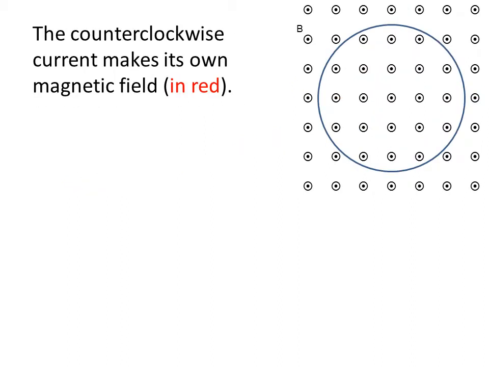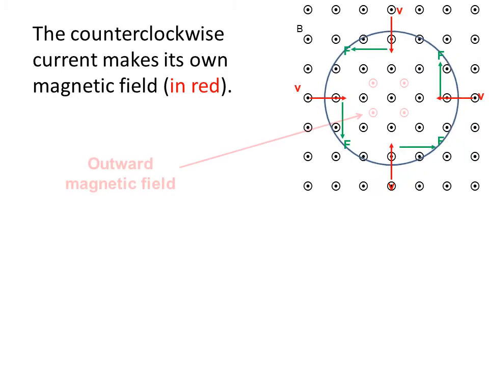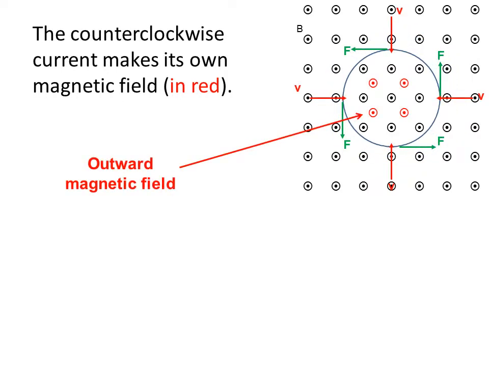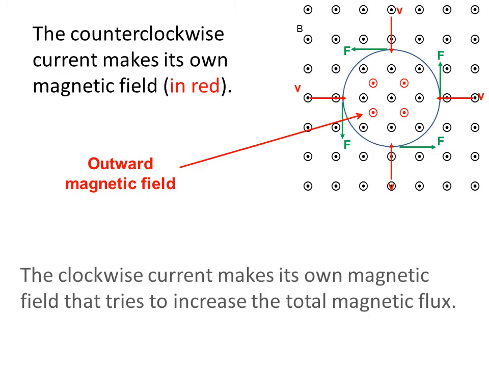Now, the current that the magnetic flux decreasing produces, the counterclockwise current, it makes its own magnetic field. Counterclockwise current makes a field that points at you. You can see it in red there. One way to think about this is that the current makes its own magnetic field, the red magnetic field, and it's trying to increase the flux.